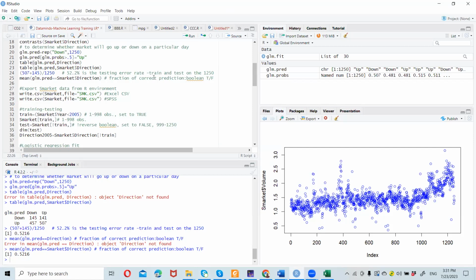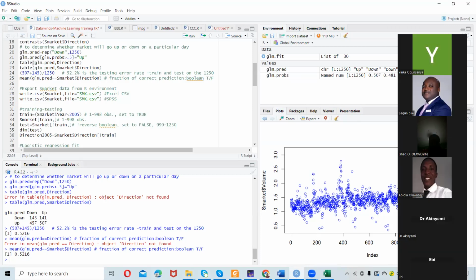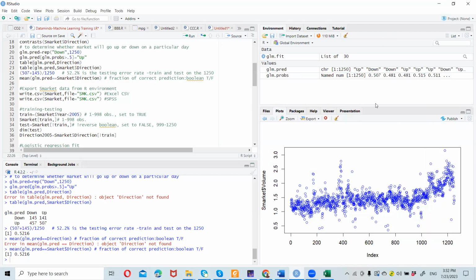What you see here is 507 plus 145. The 507 is the false negative, meaning you have wrong predictions of negative, as against the correct predictions, true positive, 145, over the total, which measures the level of accuracy.